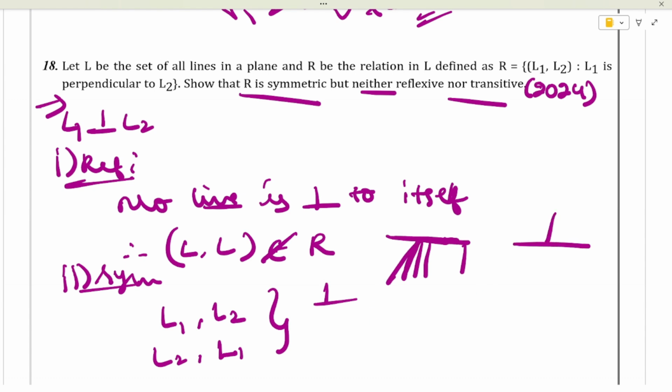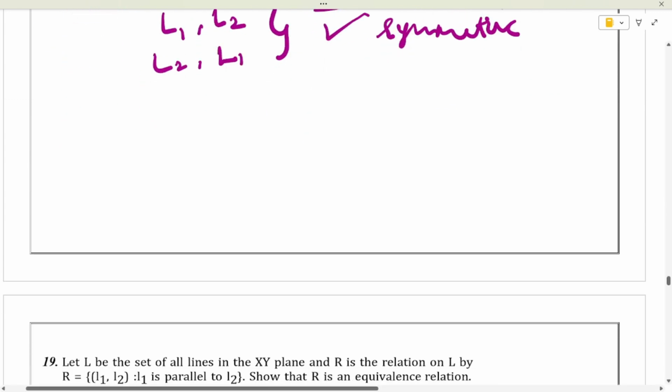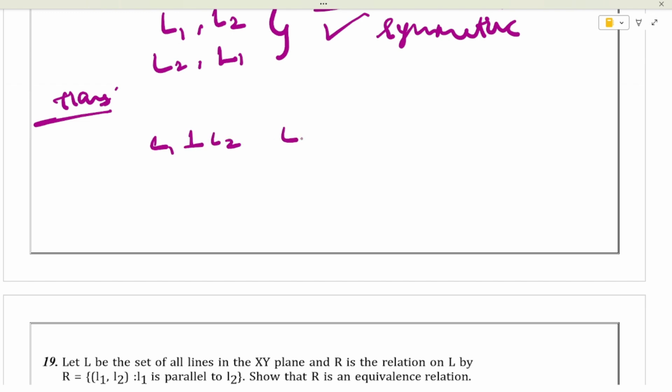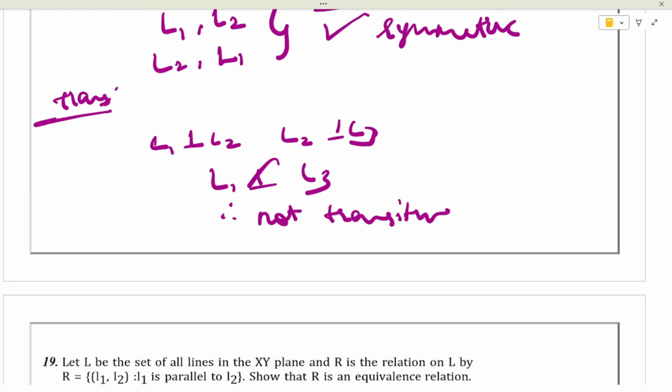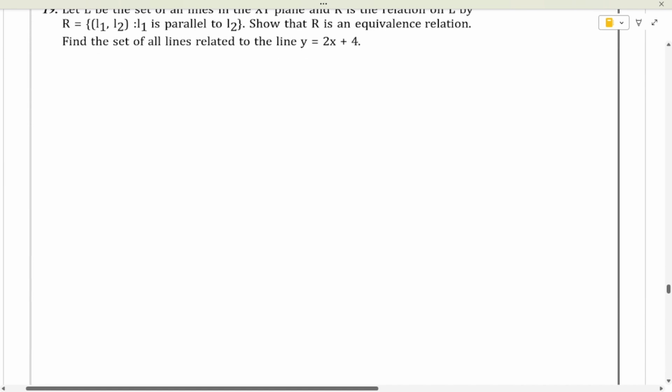This is happening in this condition, so you can take it as symmetric. The same way, for transitive: L1 is perpendicular to L2 means L2 will not be perpendicular to L3. That means L1 is not perpendicular to L3. It is not transitive.